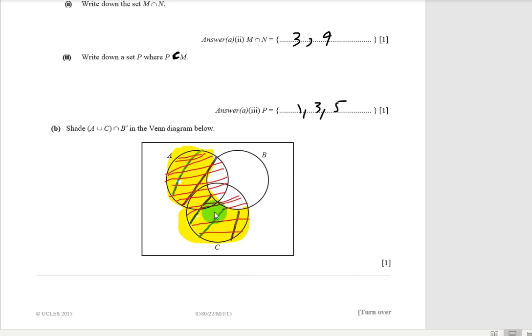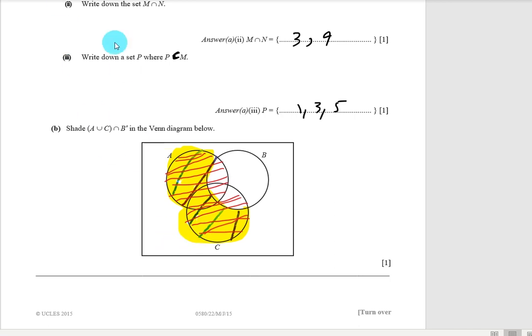Intersected now with the yellow part. What is the area that I'm looking for now? Let us change the color so we can see how the area that we need looks.